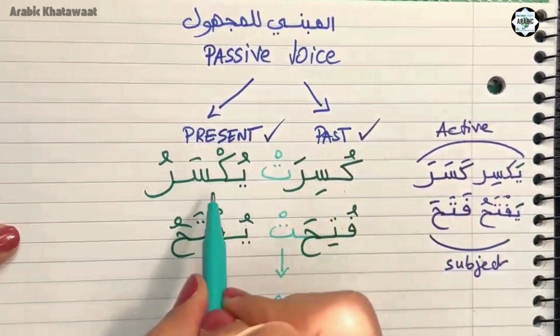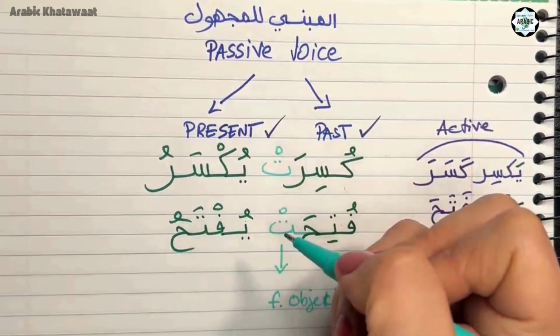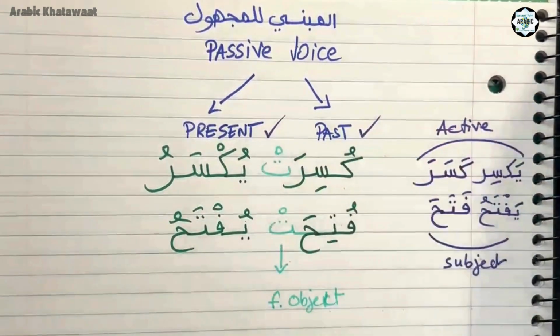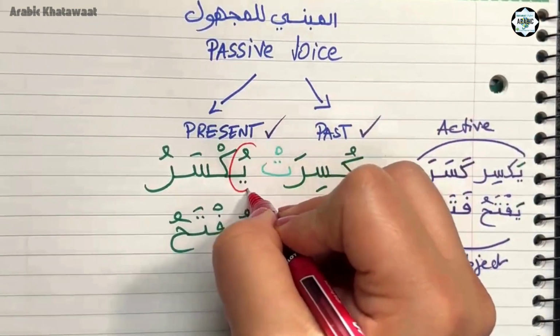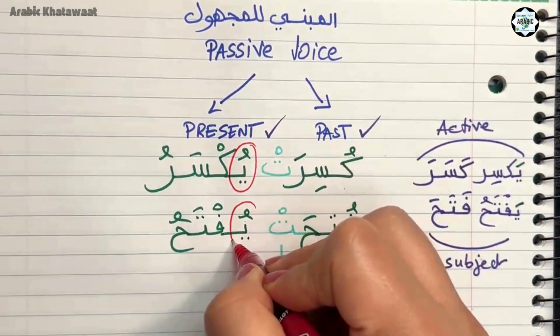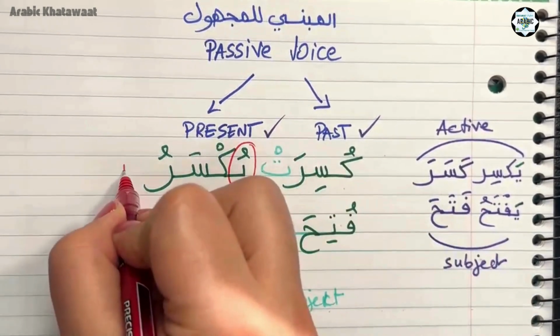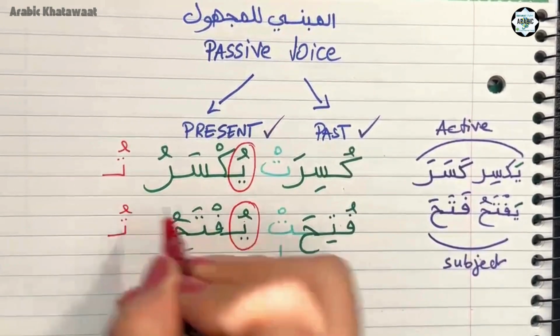Now, with the present tense, the indication of gender is in the ya. That's masculine. So for me here, I have to make sure that I do change to the feminine form. So the ya would become ta. So I would say tuksaru and tuftahu.